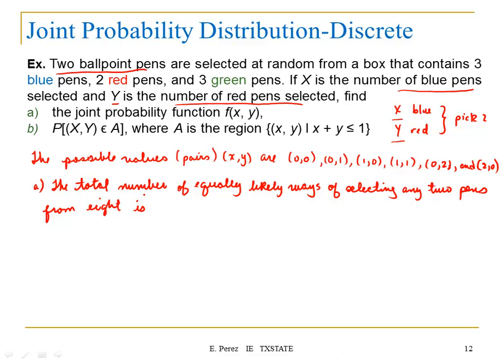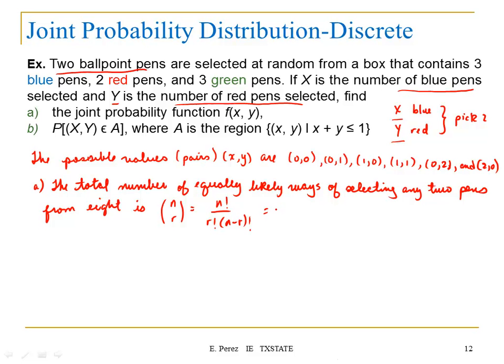That's a concept that we learned in our second lecture. You remember this, n choose r: n factorial over r factorial times (n minus r) factorial. That's the way that you get the number of combinations from selecting r from a group.